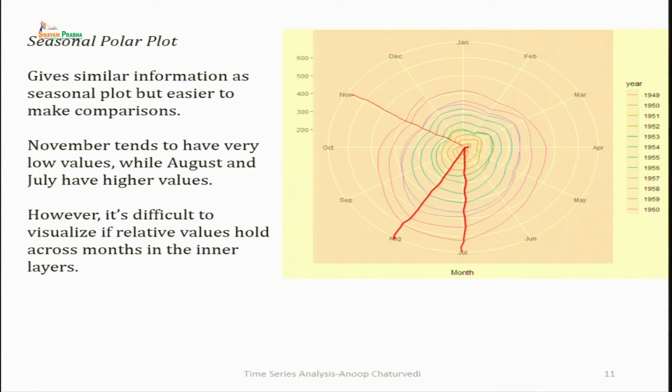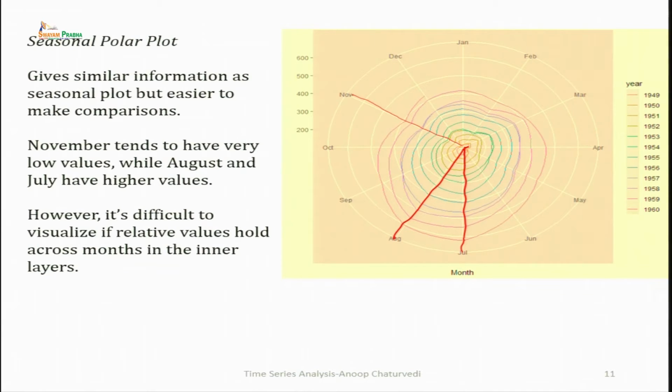But it becomes difficult for you to visualize if relative values hold across months in the inner layer, because in comparison to the outer layer, this inner layer is very small.